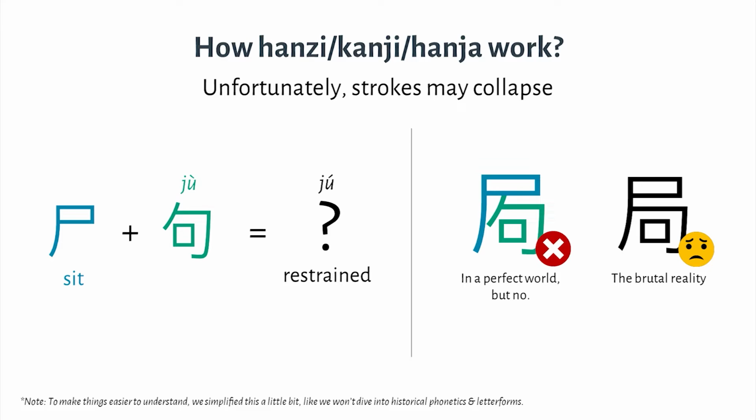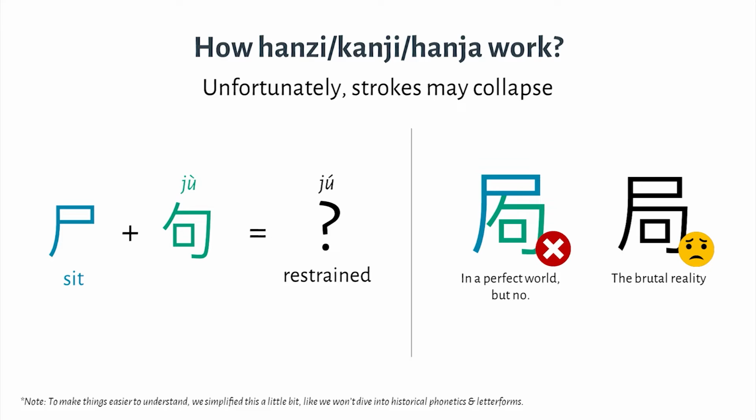An example given here is the character for the concept restrain. It's made up of a semantic component, which is a pictogram of a sitting person, and a phonetic component marking the pronunciation. Historically, you can distinguish these two components in the compound, but ever since an early development stage of Chinese characters, the two left falling strokes merged together, and thus the modern form emerged.